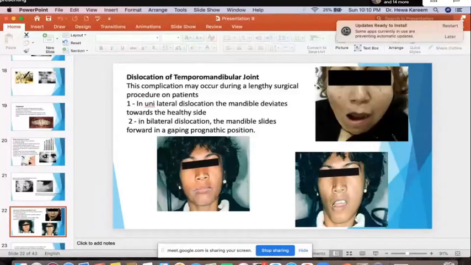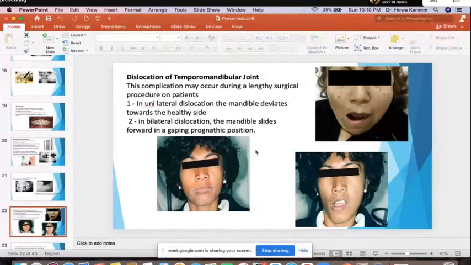This is very important: dislocation of the temporomandibular joint. This occurs during the surgical procedure, during the dental extraction, or during more work on the patient in the dental chair. We have two types of dislocation. Unilateral dislocation: the mandible deviates to the unaffected side.